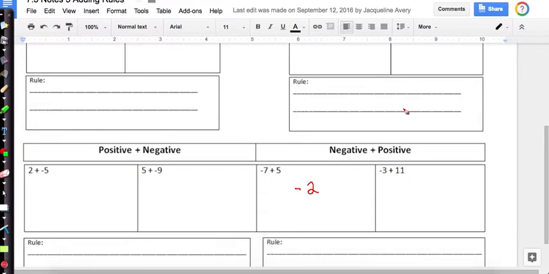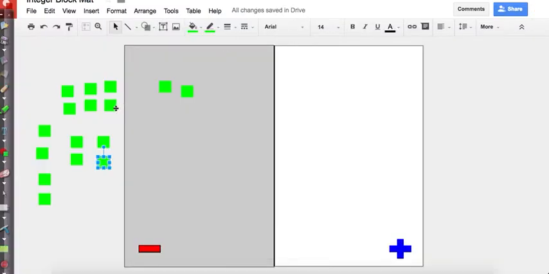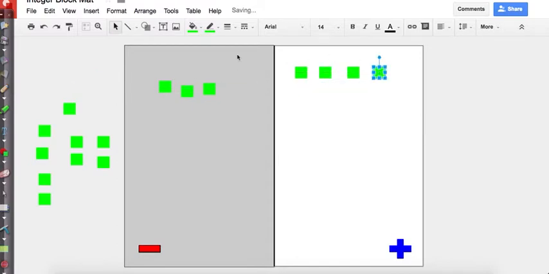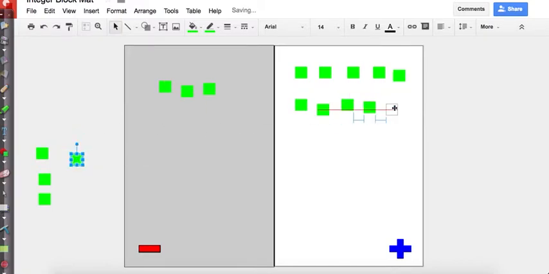Now we have to do -3 plus 11. So back to the mat. So -3 plus 11. So I need 3 negatives here, and then I need to drag over 11 positives. Okay, and finally we have 11 positives there.